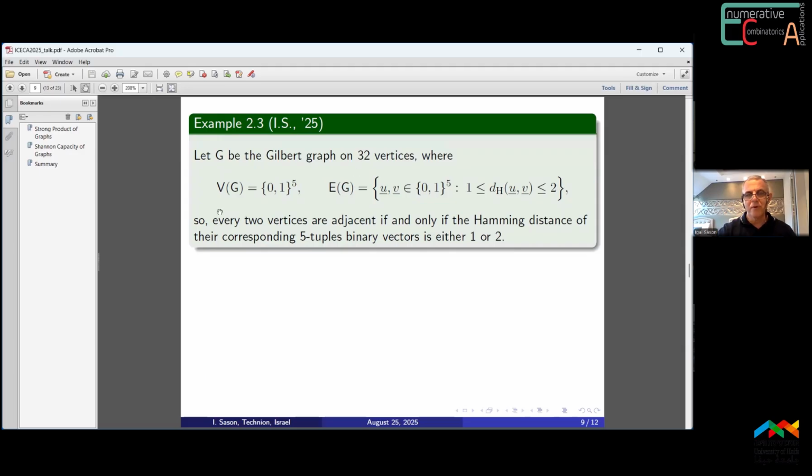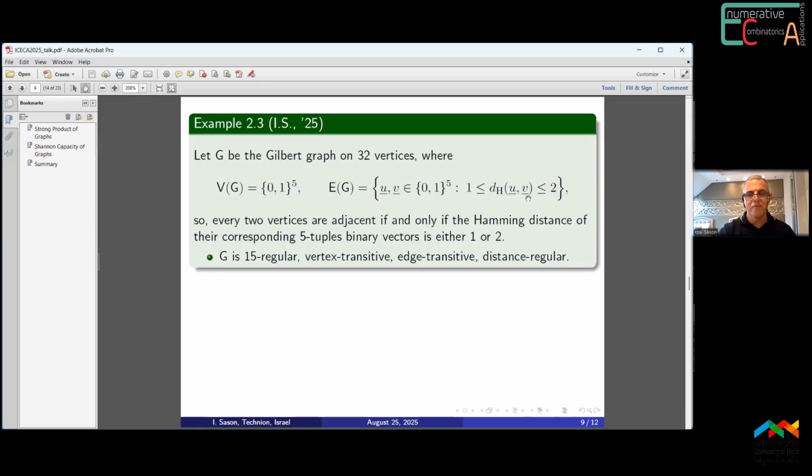That graph has a vertex set of all the binary 5-tuples, and the edge set is just: u and v are adjacent if the Hamming distance between u and v is either 1 or 2. Okay? So E(G) is all the pairs u, v where the Hamming distance between u and v is either 1 or 2. So they differ in only 1 or 2 coordinates among the 5.